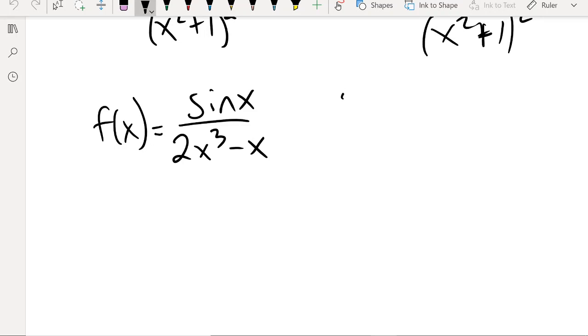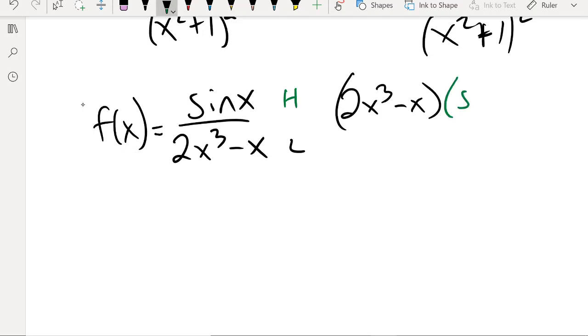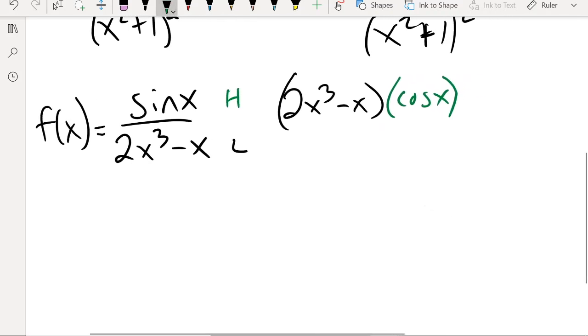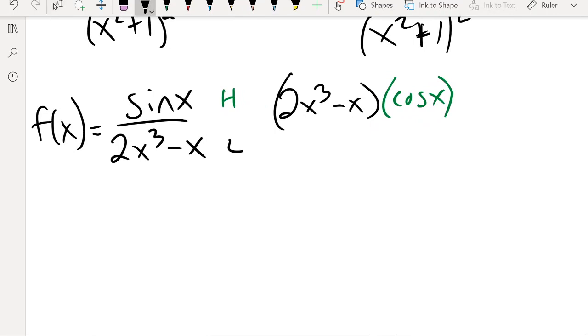All right, so low, right, low d high, so derivative of the high, here's high. Derivative of sine is cosine. Cosine. Okay. Low d high minus high.